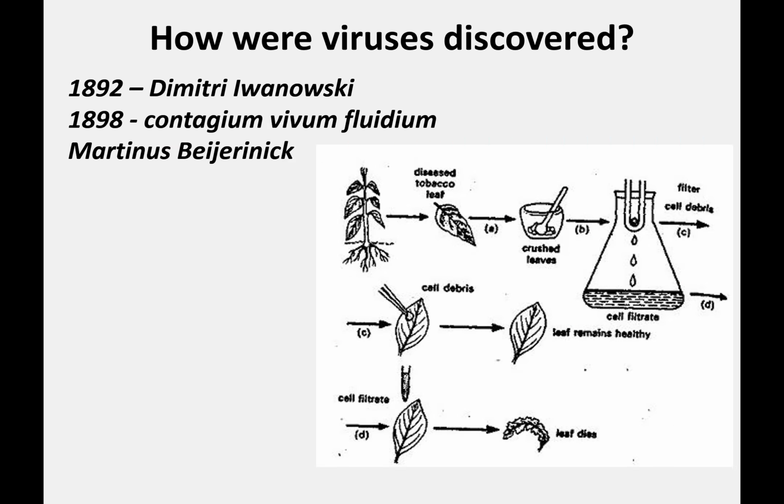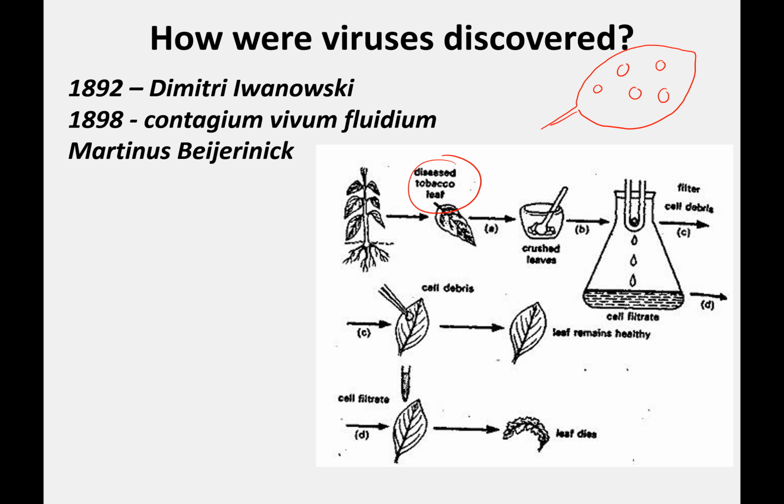But some people were working on plants that were showing disease. So a diseased tobacco leaf will have lots of spots, cell death, necrosis, browning.